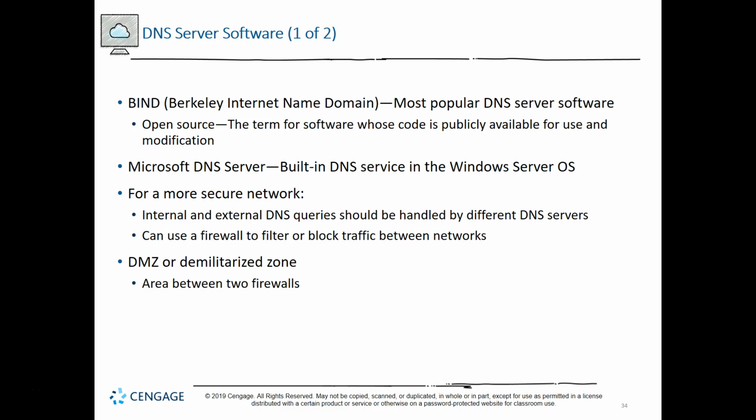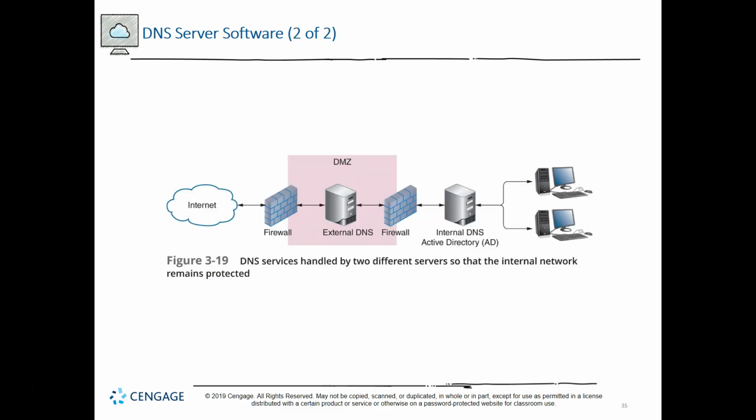The other term you may see a lot is something called a DMZ, or demilitarized zone. And that is an area between two firewalls, some area that we can allow free, unfettered access to the internet, but we also don't allow them into our internal network. So in other words, maybe this makes more sense. Here's our internet out here.